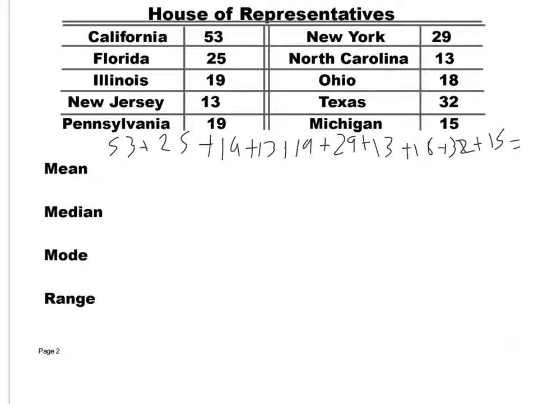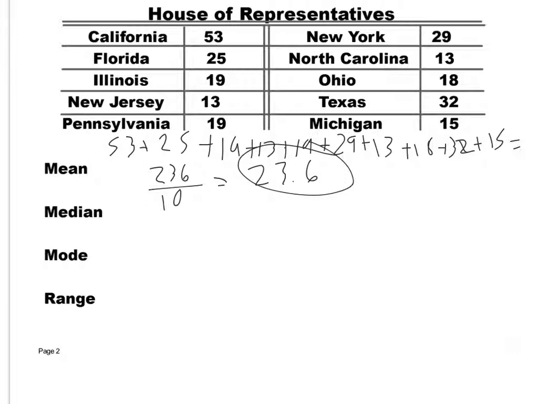When I do that, what do I get? When I add those up, I get 236. What do I divide 236 by? 10. There are 10 states, so I take 236, the total number of representatives, and divide it by how many states there are. That gives me a mean of 23.6. That means the average state has 23.6 representatives.